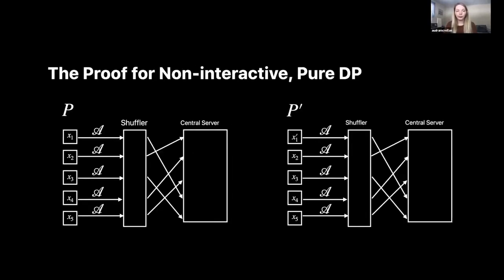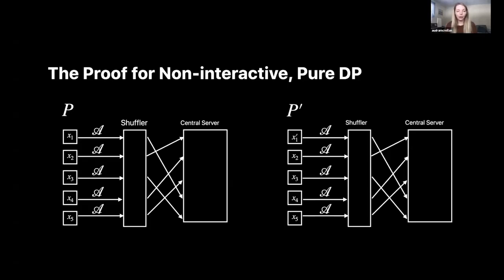So I'm going to simplify the problem a little bit. The actual bounds hold for interactive protocols and approximate differential privacy, but we're going to bring it back down to non-interactive protocols and pure differential privacy.